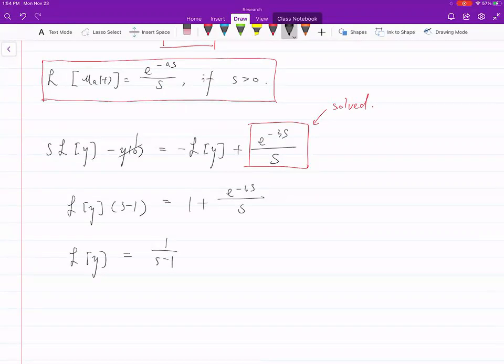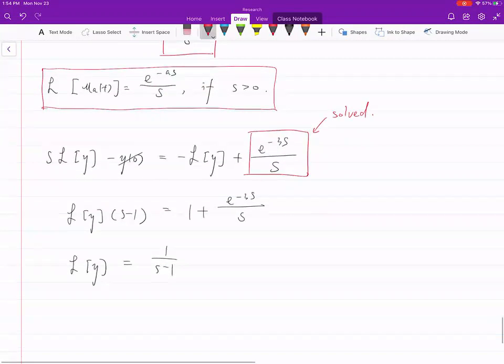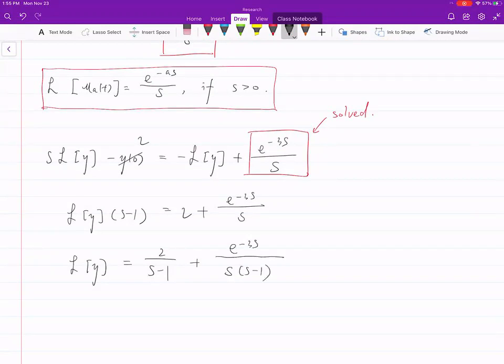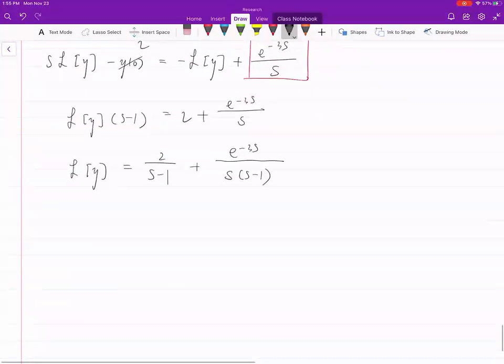Somehow something's wrong. Why? Okay, because the initial value is 2. That's why. s is minus 1.